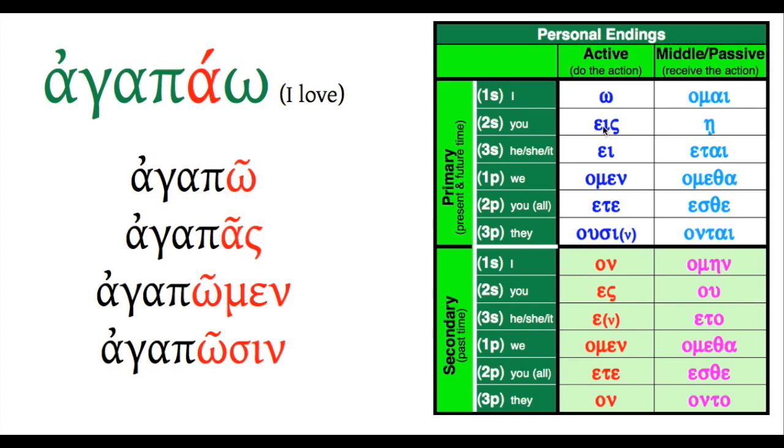Agapas, well, that's the sigma ending, so that's the second person singular. You love. Agapomen, any guesses? Looks like omen, right? Weird things happen to the vowel because of the contraction, but still we see that first person plural ending. It means we love. And if you saw agaposi, what's that look like? Well, obviously, usi, right? So that means they love.